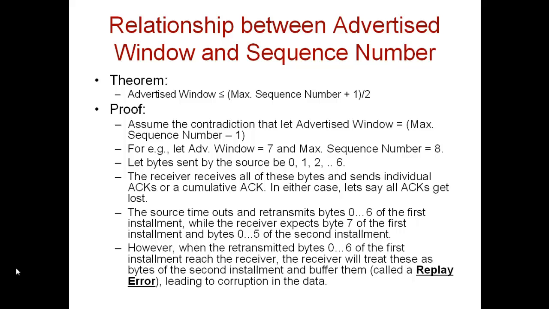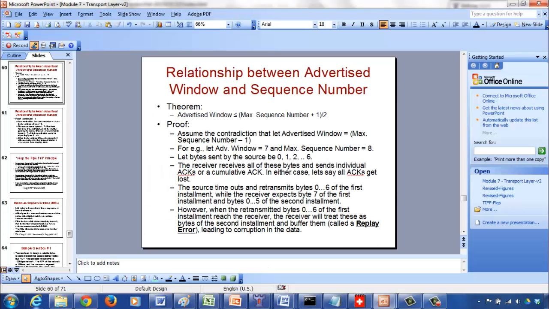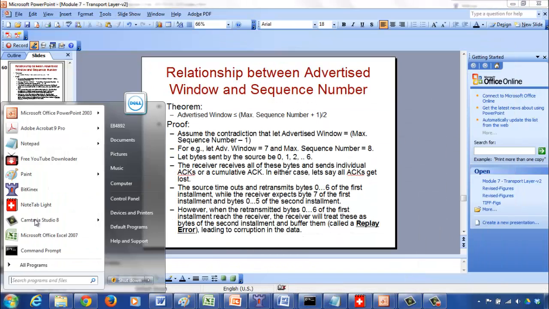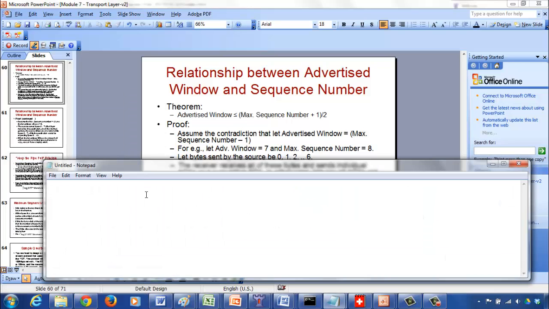So if the sequence numbers, for example, range from 0 to 15, that's the maximum sequence number, 15, right? So the advertised window size has to be less than or equal to 15, the maximum sequence number, plus 1, over 2, which is 8.